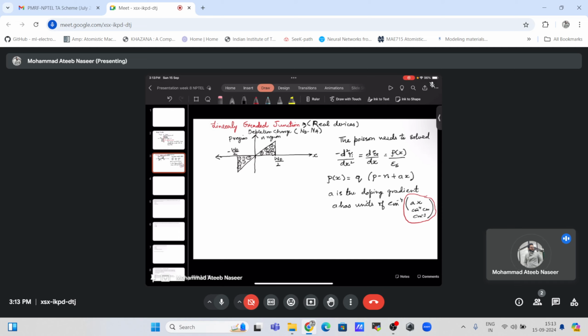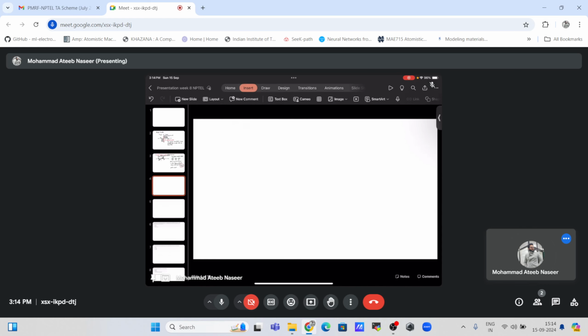So now we can approximate this rho to be linear. Okay, since this is a linear function of x, we can simply say rho of x is simply q a times x.